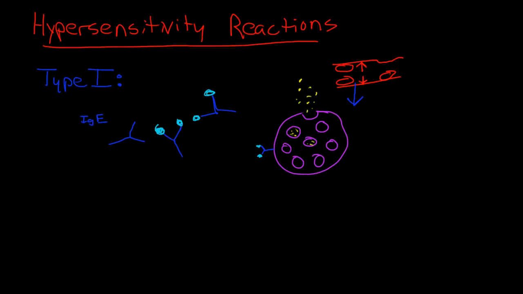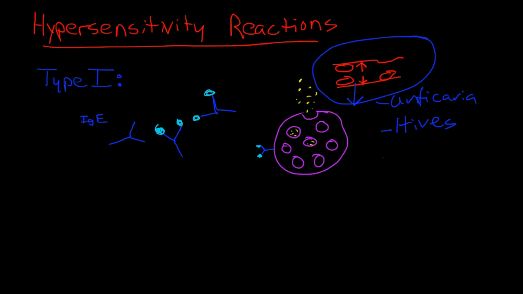And it causes the classic symptoms of urticaria and hives. Then if it's bad enough, it can cause swelling in the larynx, and if it's really bad, it can cause such severe vasodilation and capillary leak throughout the body that it can cause anaphylactic shock.